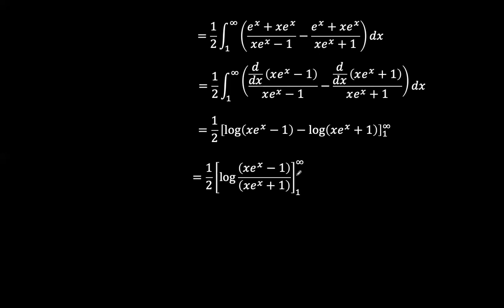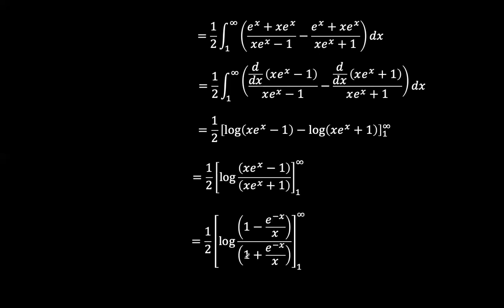So what I do is I divide both numerator and denominator by x e to the power x so that I have 1 minus e to the power negative x over x, over 1 plus e to the power negative x over x, all that under the log function, such that when x tends to infinity on the upper side, the numerator here tends to 0, and 1 over x also tends to 0.